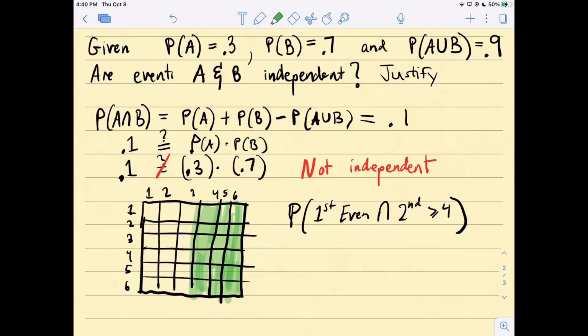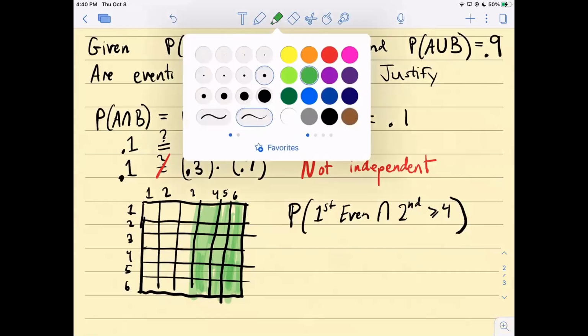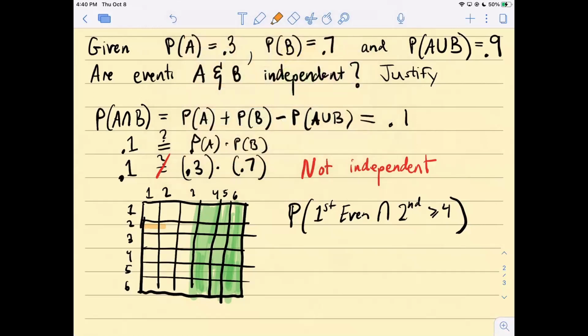So it's half of the region. And the probability of the first one being even is also half of the region.